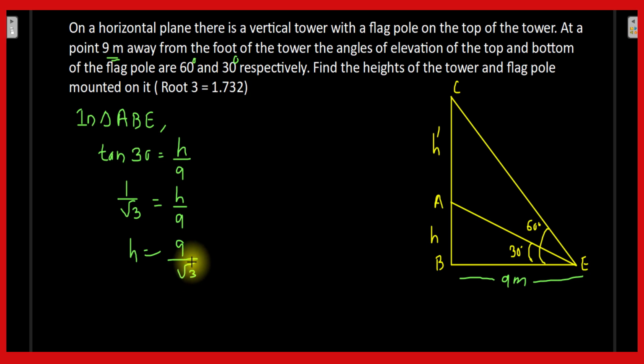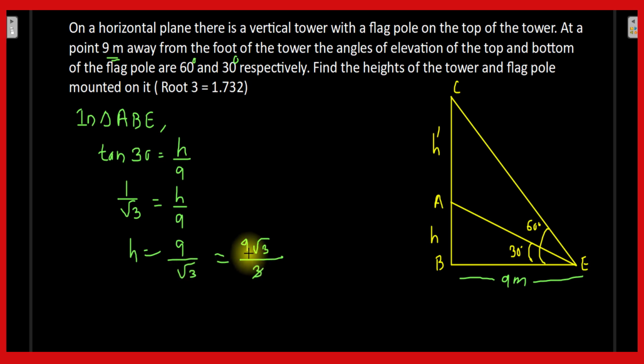We solve this further because we have to find the height of the tower, that is AB. The value of root 3 is given as 1.732. Here first we will rationalize this. We multiply the numerator by root 3 and the denominator by root 3. So this will be 9 root 3 upon root 3 into root 3, which is 3.